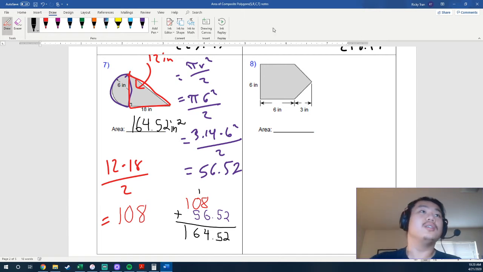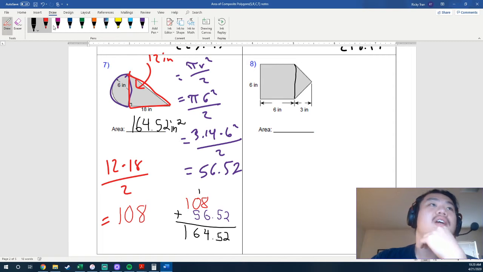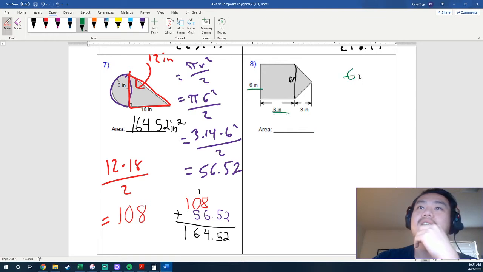All right, so again, we're going to split it into this. This is still 6 inches. Let's find the area of the square first. So area of the square is just 6 times 6, which is equal to 36.